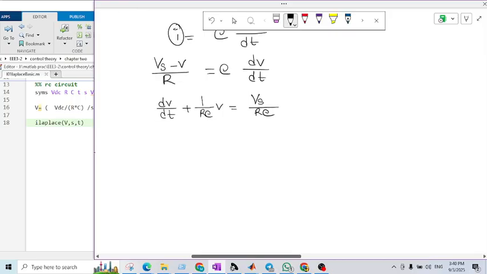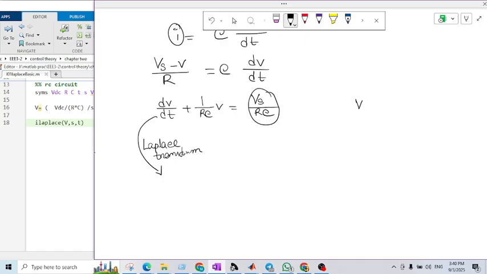Well, so now what I will do, I will apply a Laplace transform of this differential equation. So let's see how to do this. First of all, let's observe here. This is Vs divided by RC. So Vs can be written as VDC u(t) divided by RC.